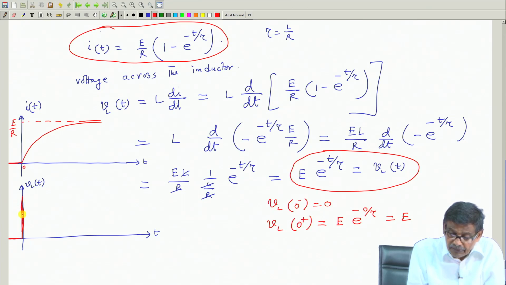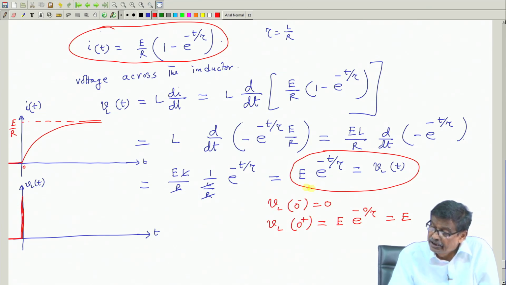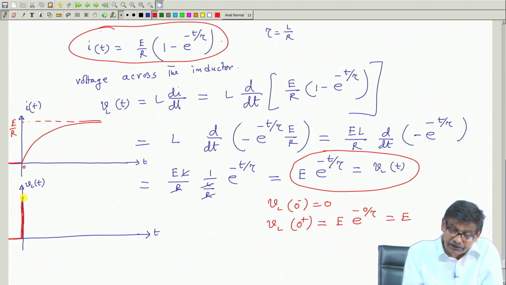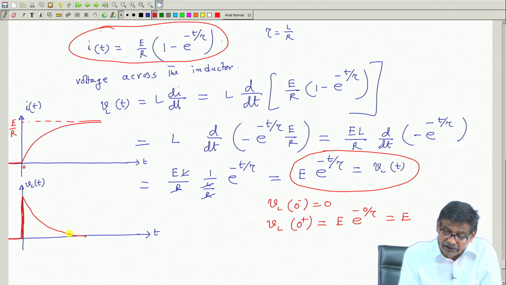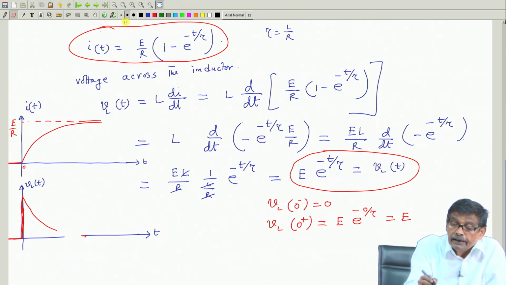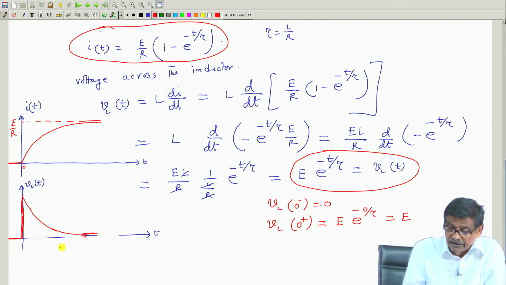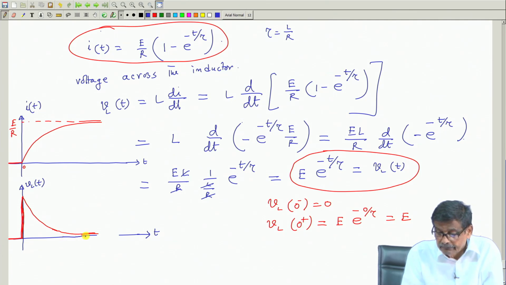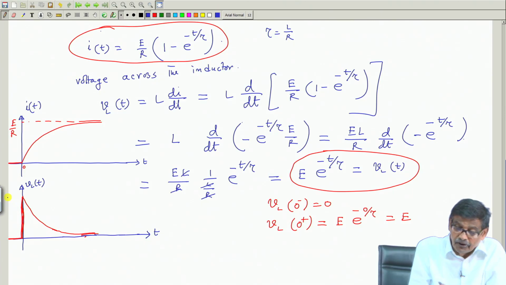It will then decay exponentially. There is no DC term added to it. It will decay asymptotically, going to 0 finally. Got the point? And at t equal to 0, this value is E.